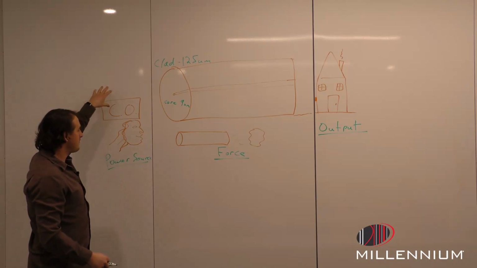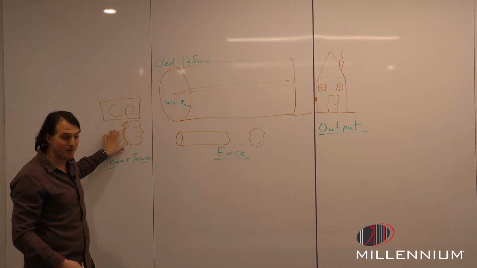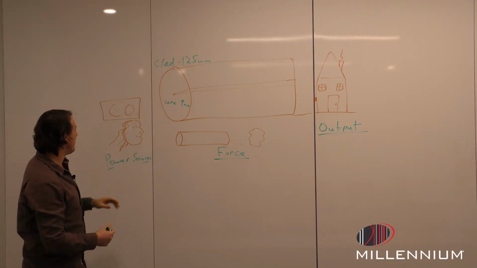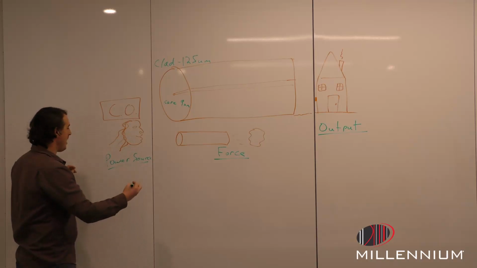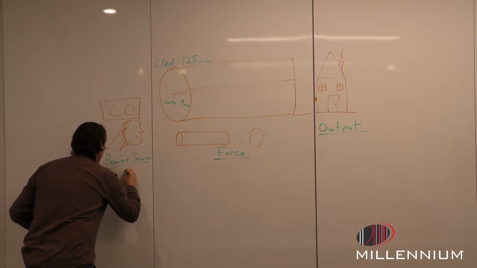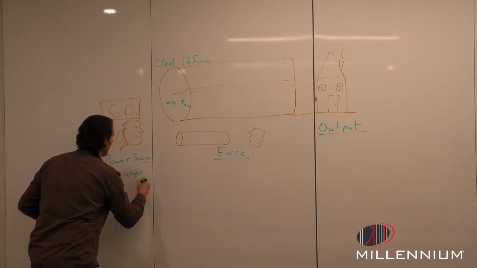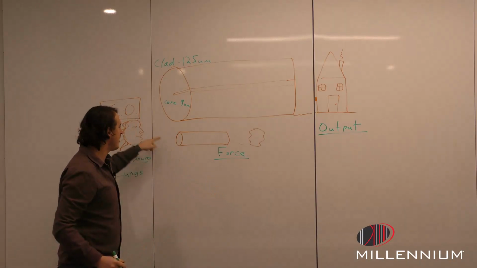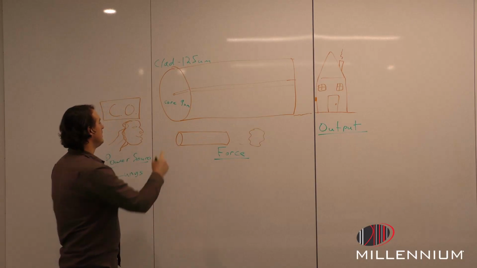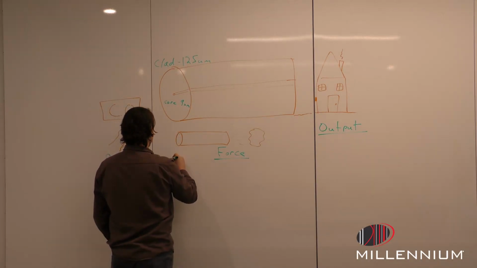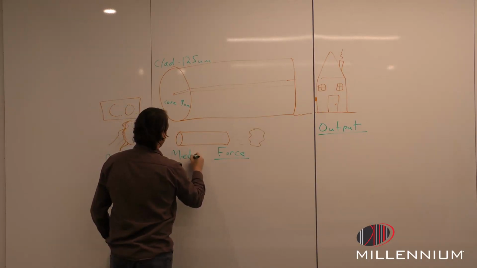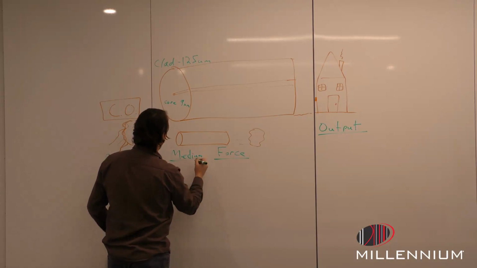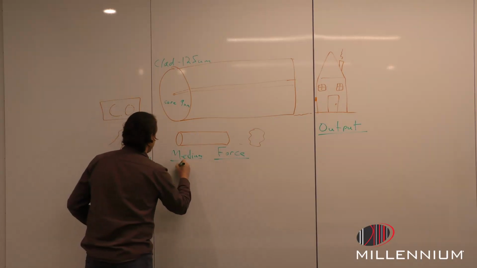In fiber optics, we have a power source. And when we're shooting a spitball, we also have a power source. When we're shooting a spitball, the power source is our lungs. We're taking the air in our lungs and pushing it out as hard as we can into this straw. So the medium here, the material that's holding this all together in this analogy, is our straw.